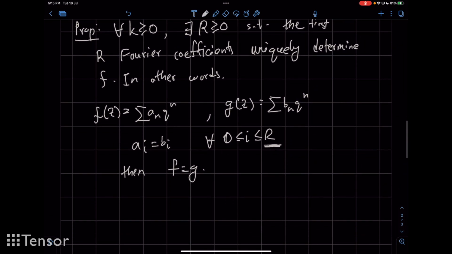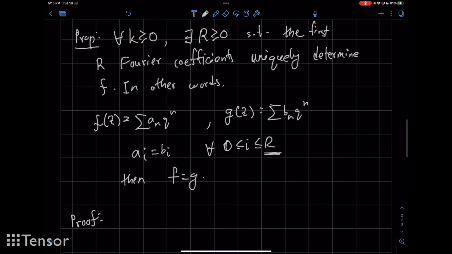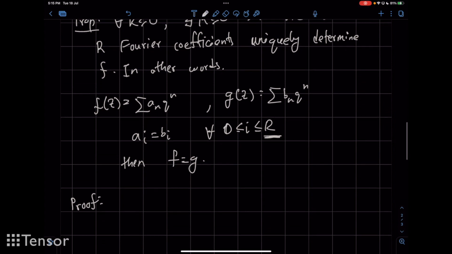Okay, so let us try to prove it. For this proof, we shall define a linear map, let's say L_j, from the space of modular forms of weight k to C^j.